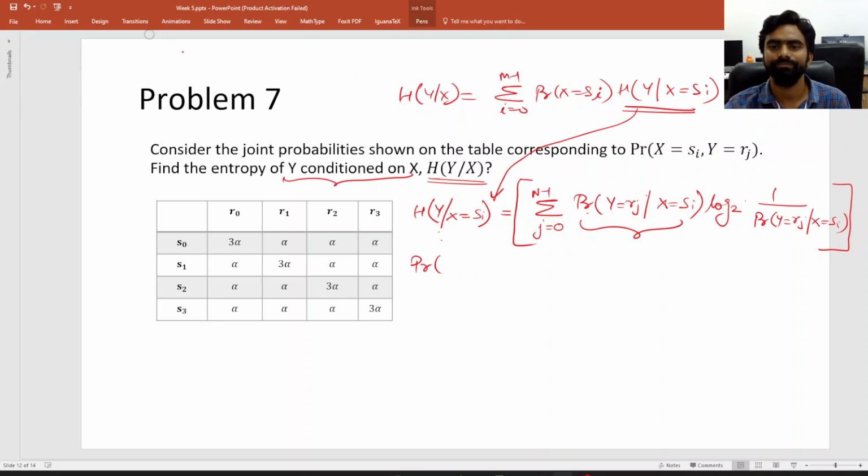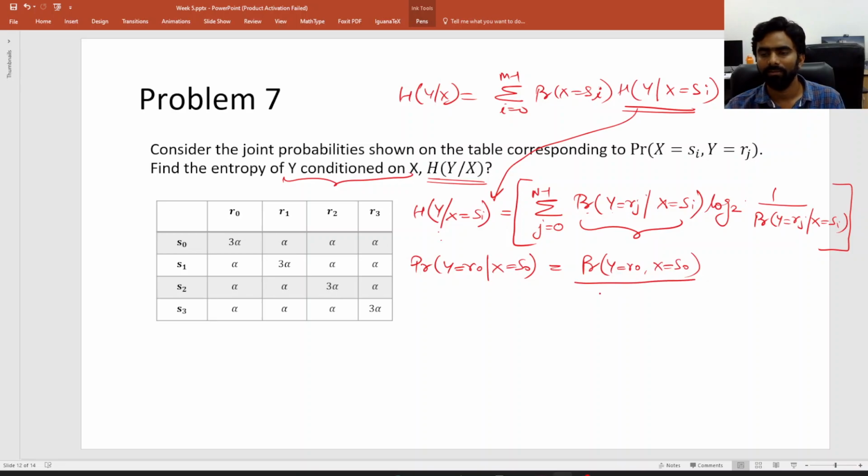Quickly I will solve this. Probability Y equal to r0 given X equal to s0, because j varies from 0 to n minus 1. It is a conditional probability, so we apply the rules of probability: probability of Y equal to r0 and X equal to s0, divided by probability of X equal to s0.